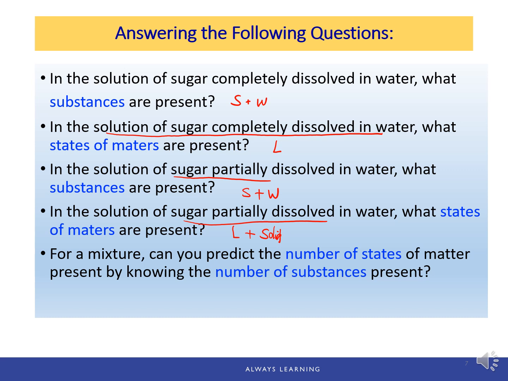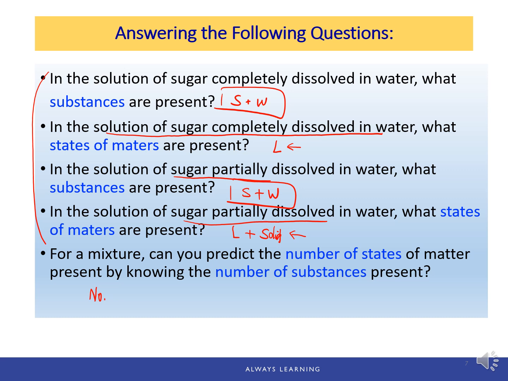Well, the answer should be no. There's no specific number of states based on the number of substances present that we can predict without any further information. Based on the previous four questions with two substances present, sugar and water, the number of states can be just one state, which is the liquid state, or two states, liquid state plus solid state.